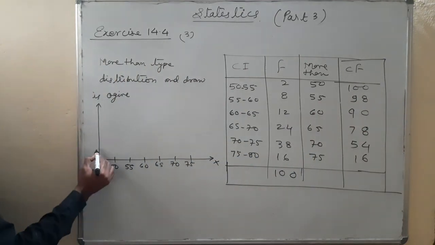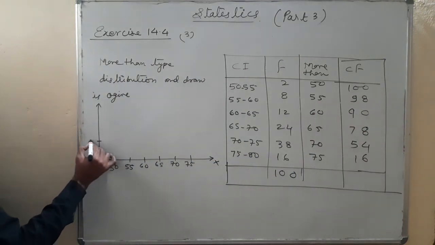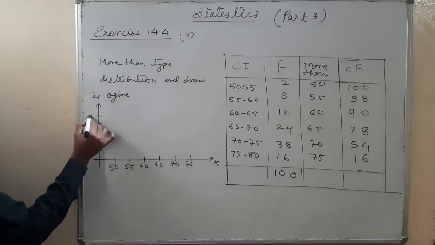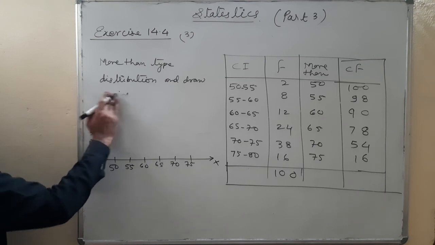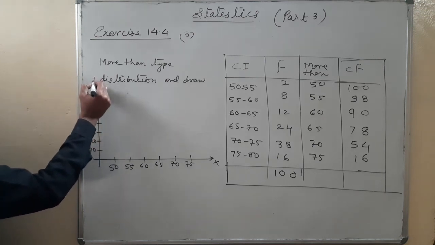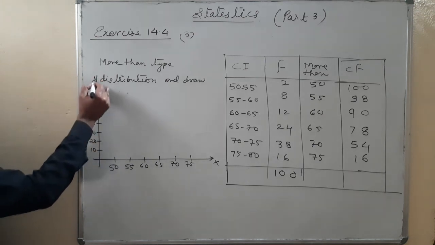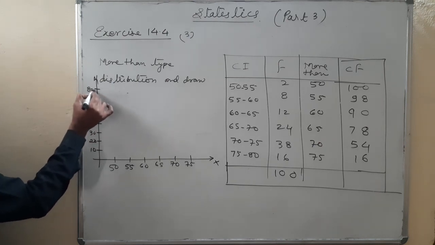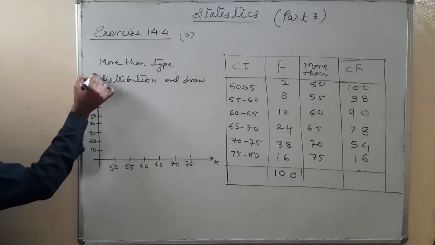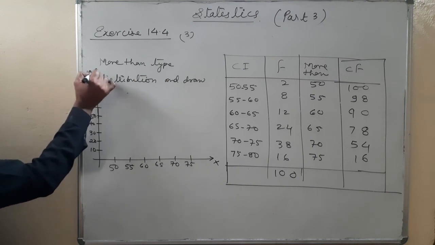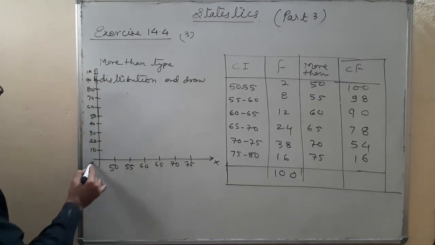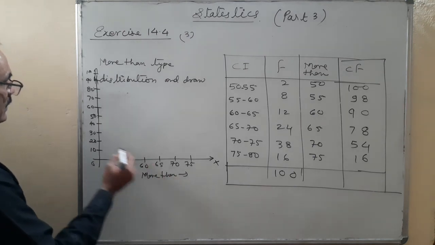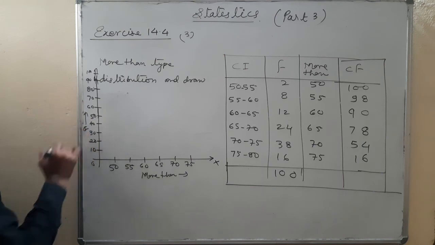I am taking 10, 20, 30, 40, 50, 60, 70, 80, 90, and 100. More than type, and it is CF.